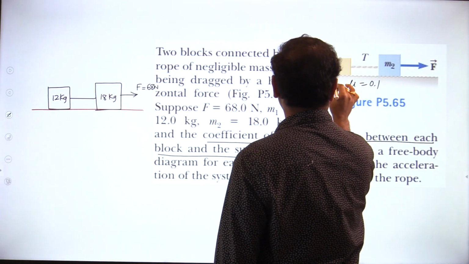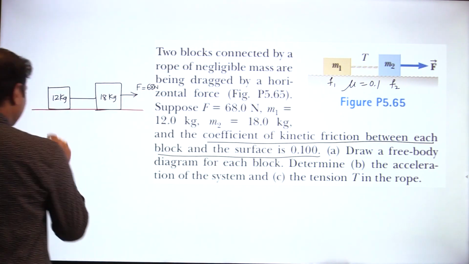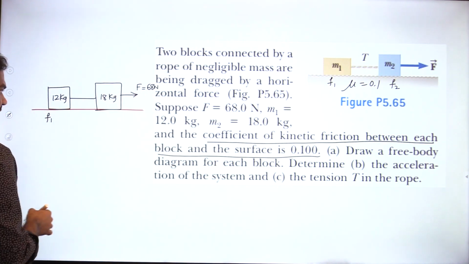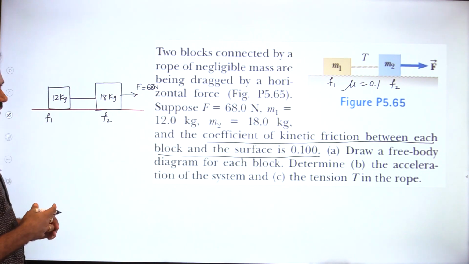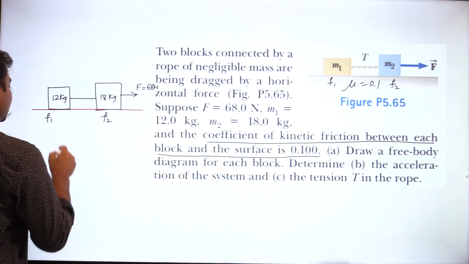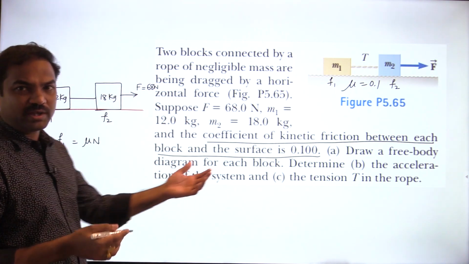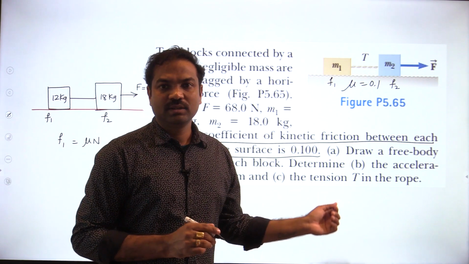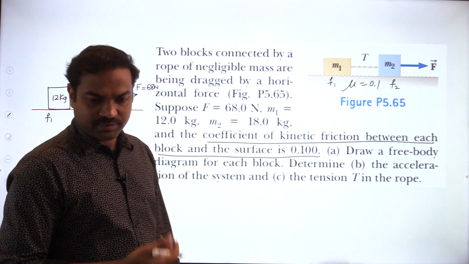Let us calculate F1, F2. What are the frictional forces acting on the two blocks? Frictional force acting on the 12 kg block is F1, and on the 18 kg block is F2. Then how to go for F1? F1 is equal to mu into normal reaction. I think everybody has drawn the free body diagram: weights, normal reaction, tension, force, friction.